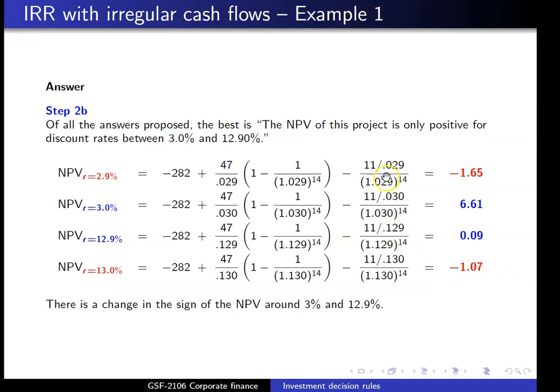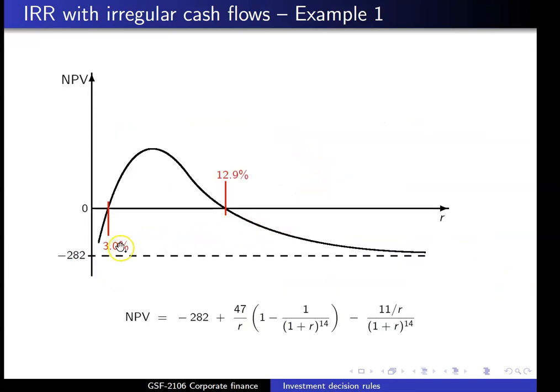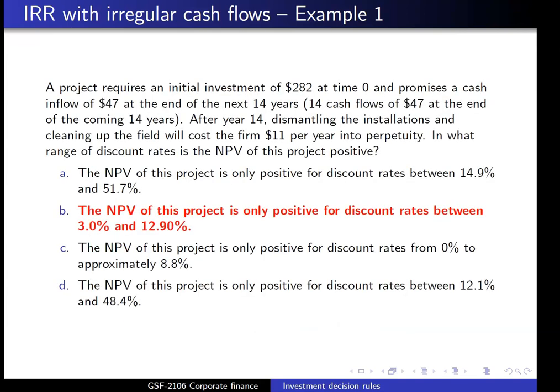So the best answer is this one. Around 3% and close to 12.9%, the project has an internal rate of return. So these are approximately the discount rates at which the net present value of the project is equal to 0. So best answer here is B.